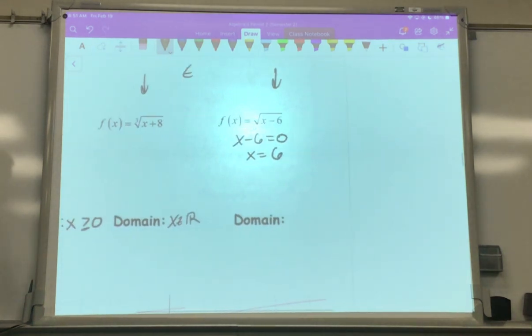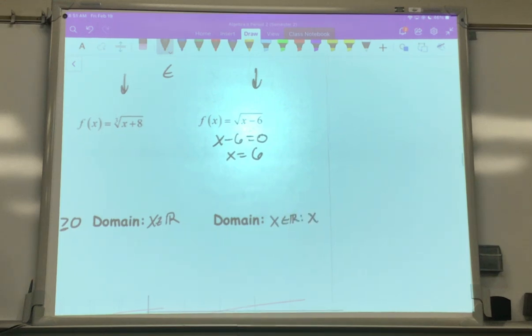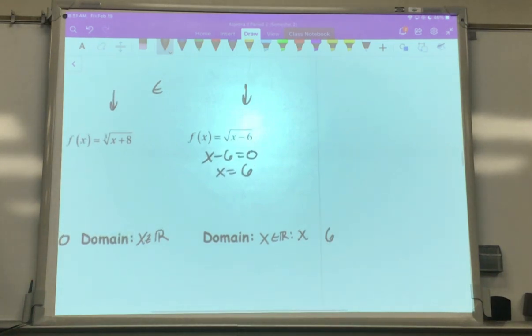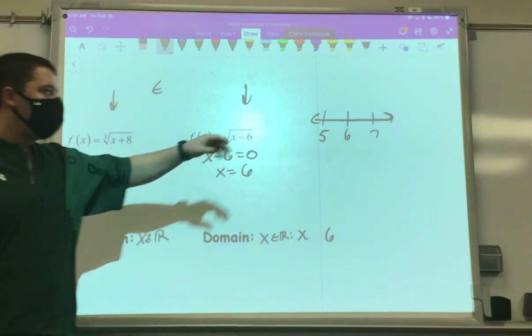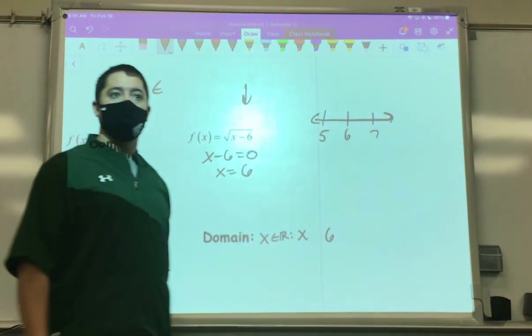Now when I go over here, x is compared something to 6, right? So let's do that number line over here. Got 6, 7, 5. 6 was that point that caused it to be 0, right? That's going to work.